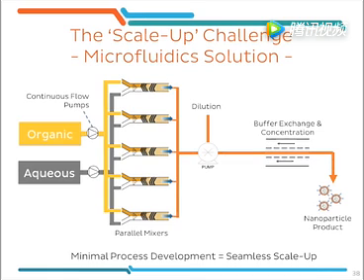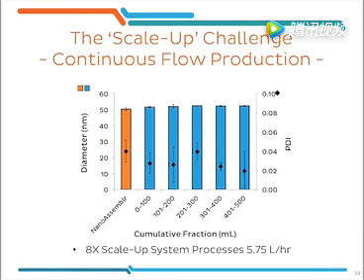And then thinking more in the industrial field here, I can add further steps after the nanoprecipitation, such as buffer exchange or concentration through diafiltration, for example, to get an all-in-one inline process for nanoparticle production. And that is exactly what we do with the NanoAssembler scale-up system.